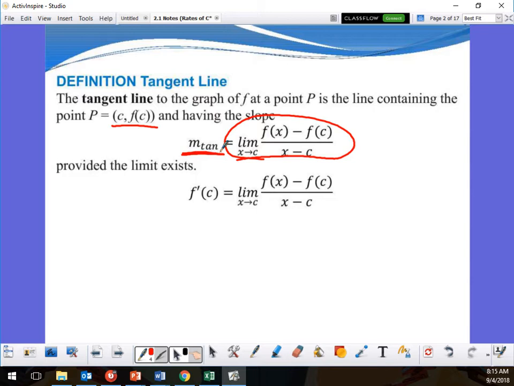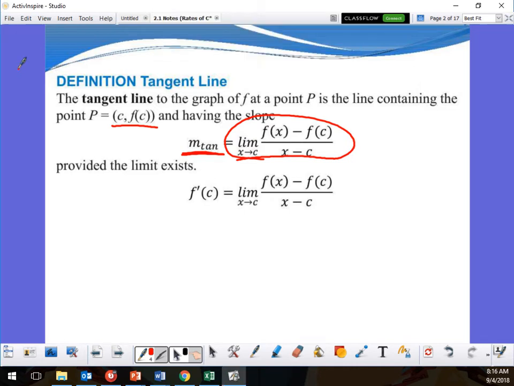Provided that the limit exists. So for this to work out, the limit has to exist, and what else? It has to be continuous.